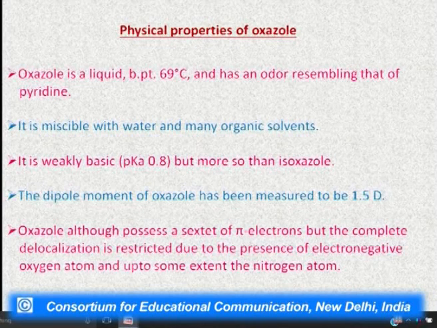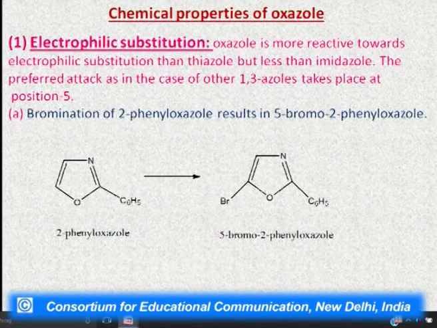The dipole moment of oxazole has been measured to be 1.5 D. Although it possesses a sextet of pi electrons, complete delocalization is restricted due to the presence of the electronegative oxygen atom and, up to some extent, the nitrogen atom also.